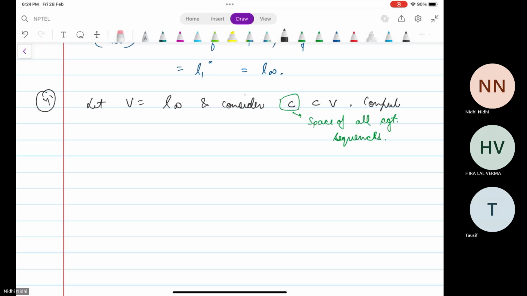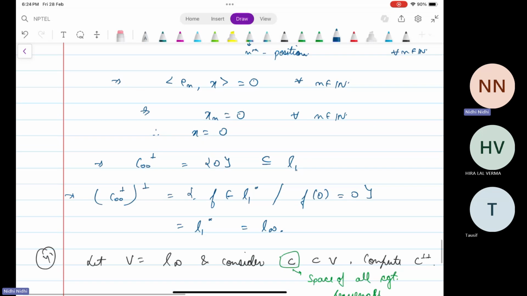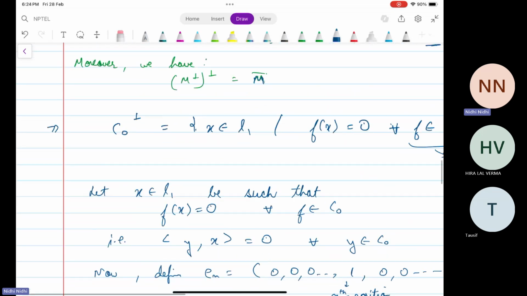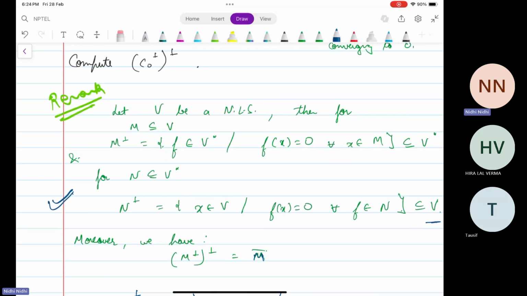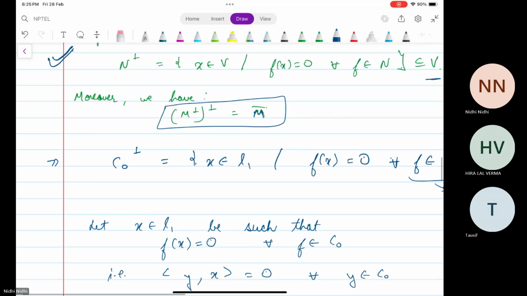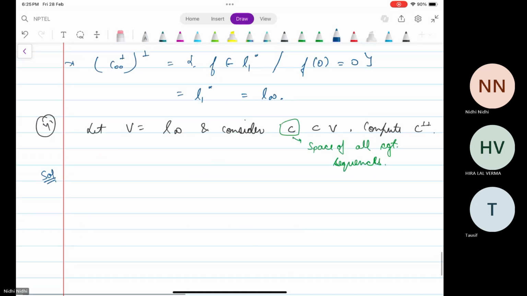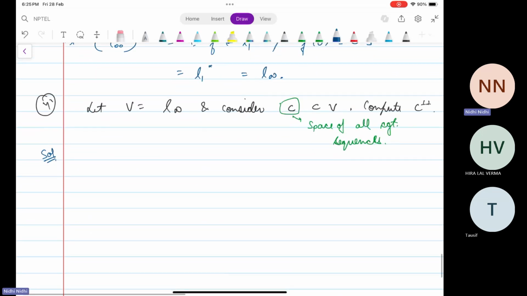Compute C double perp. By the remark, we know that when M is a subset of V, in that case, M double perp is actually equal to its closure. So this implies C double perp is basically C closure.